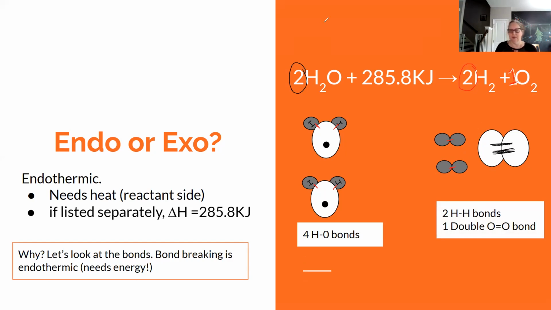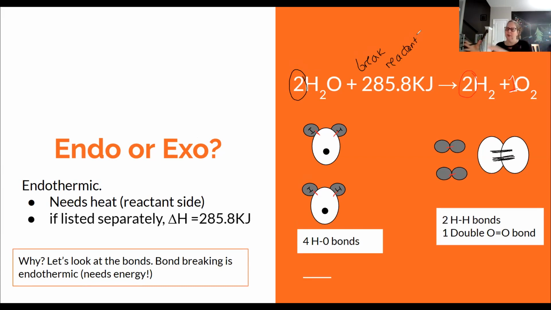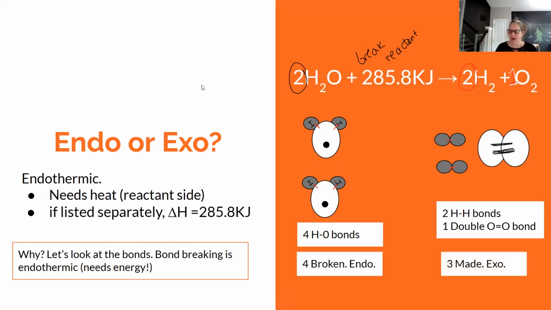Which side am I going to be breaking bonds? I'm going to be breaking bonds on the reactant side because I have to break them apart to put them back together. So those 4 H-O bonds are energy that I need to bring into the reaction to break those guys apart. On the right side, I have 3 bonds made.